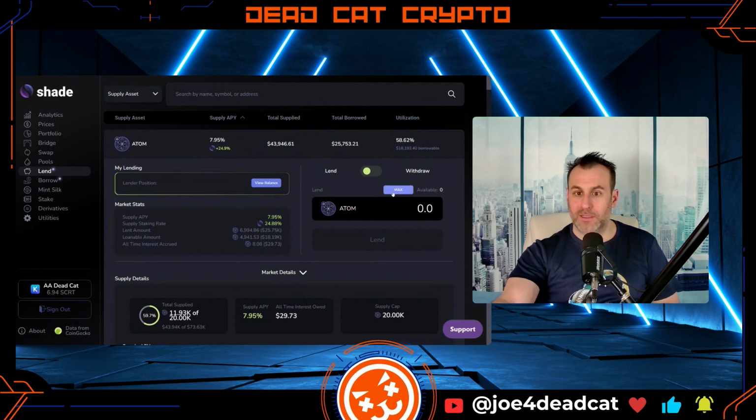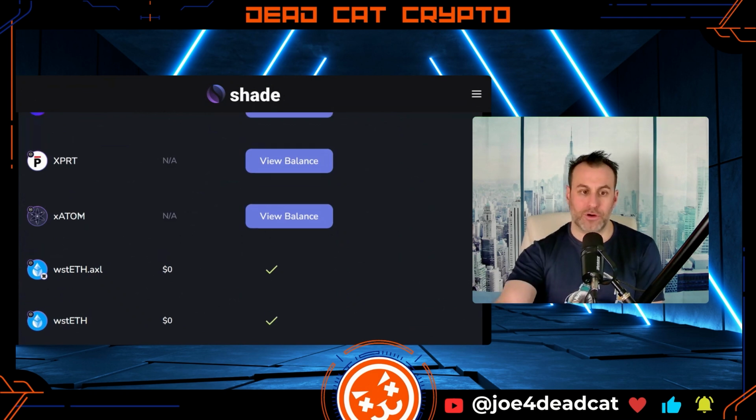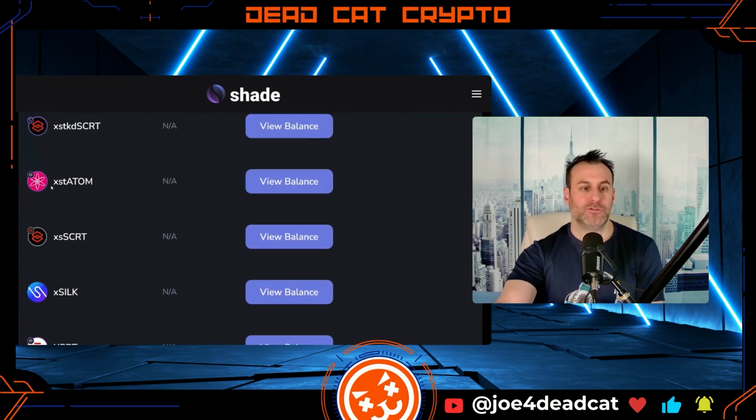What would happen is when I lend, I'm going to get back a derivative of Atom called X Atom. Here's the token right here. It's X Atom. That's the derivative for the Atom that I just lent out on the money market protocol. Not to be confused with this Atom, which is Stride, right? ST, liquid staked Atom.